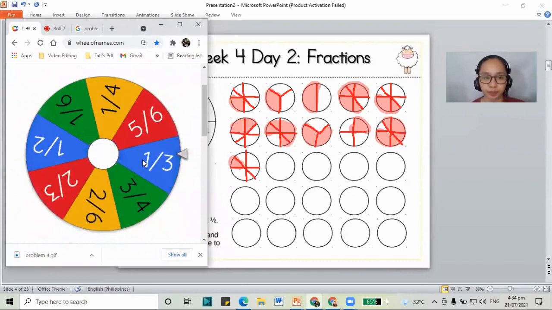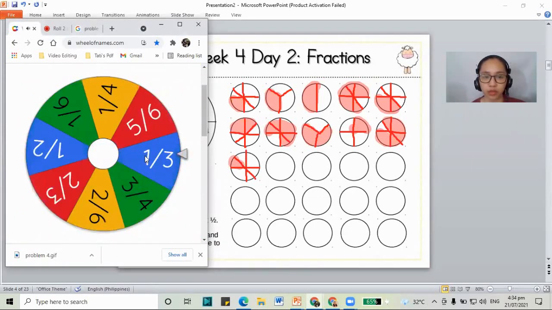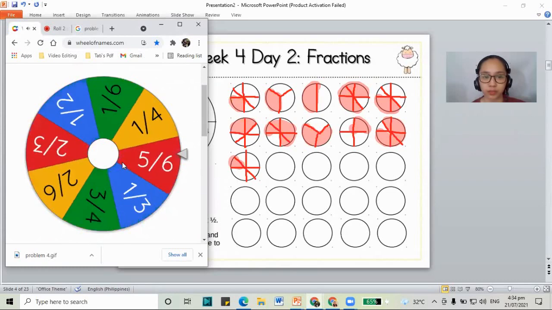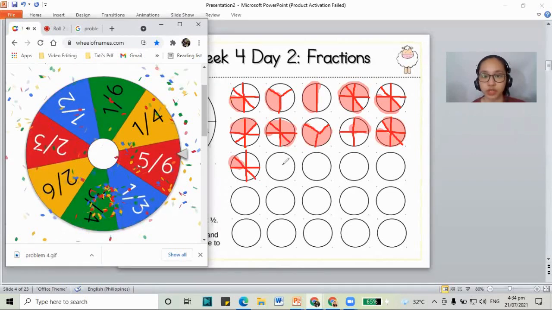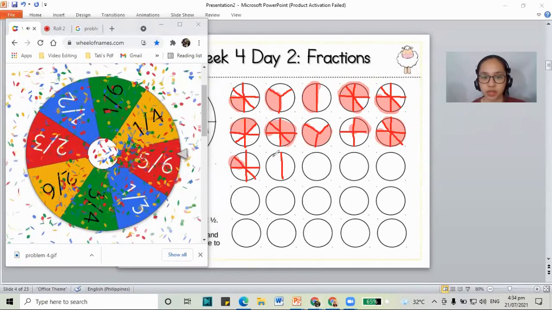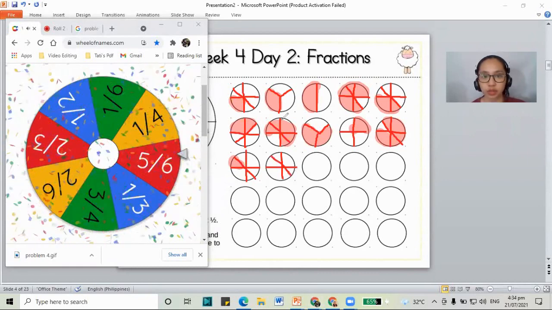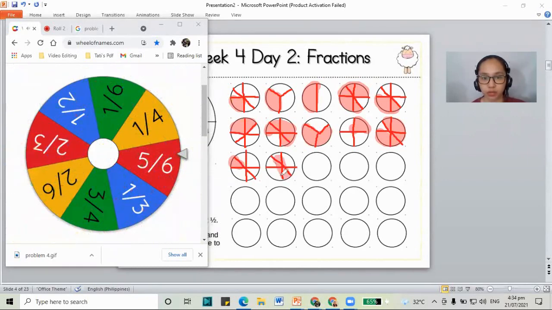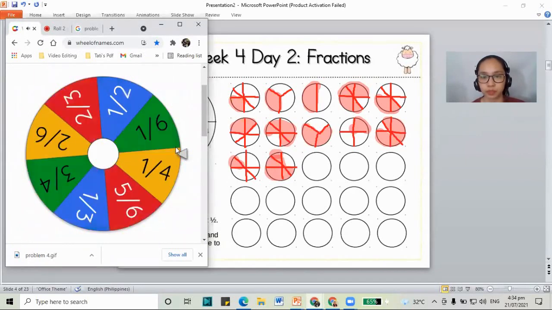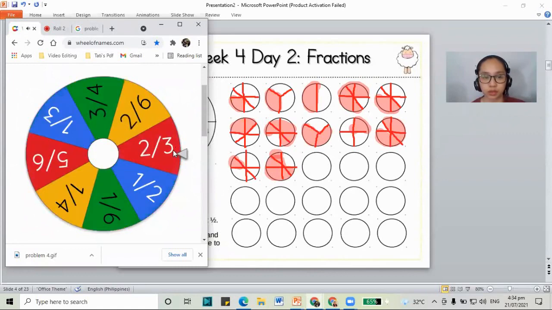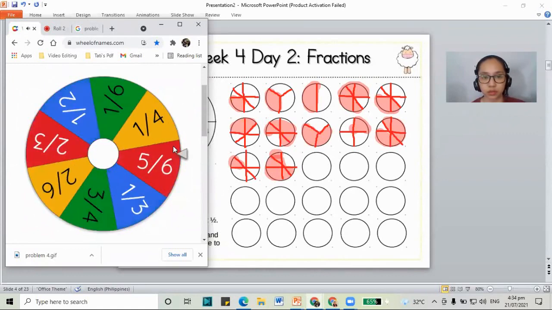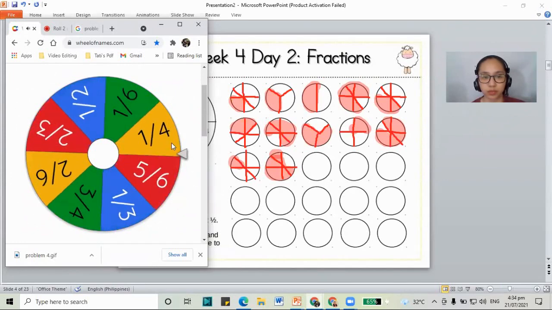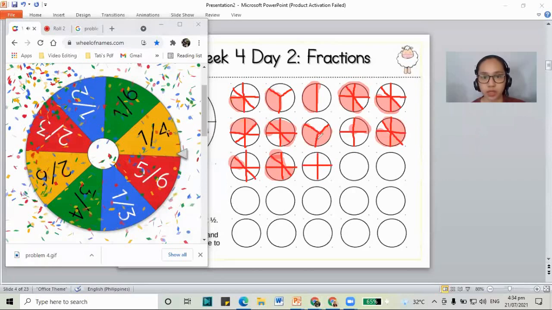Next one. Let's try to imagine 5/6. You have 6 slices of pie, but you only get 5. That's 5 over 6. Another one. We have 1/4. 4 parts and you get 1.